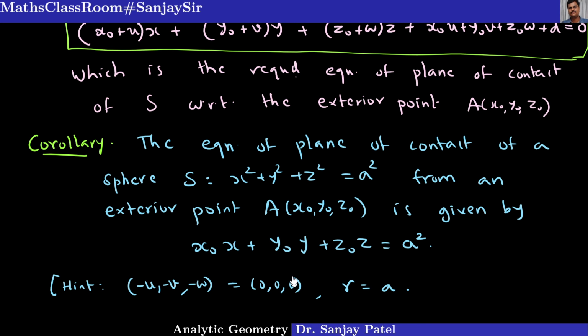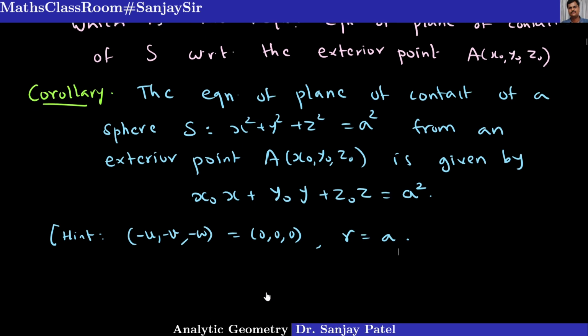And how can we get the radius there? I can say d is equal to minus a square in that equation. Or you can say directly we have this relation, a is equal to square root of u square plus v square plus w square minus d, correct?